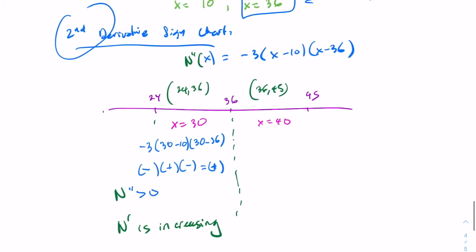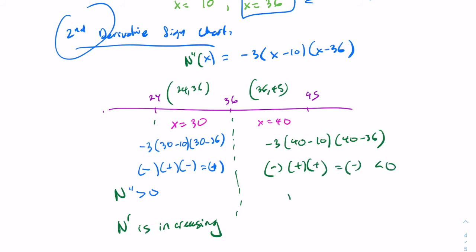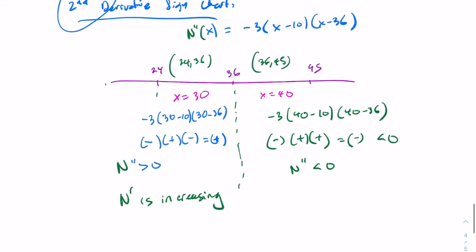Let's plug 40 into the second derivative. 40 minus 10, 40 minus 36, so that's a negative, positive, and then positive. So that's going to be a negative result. That's less than 0. That means N double prime is less than 0. If N double prime is less than 0, that means N prime is decreasing.